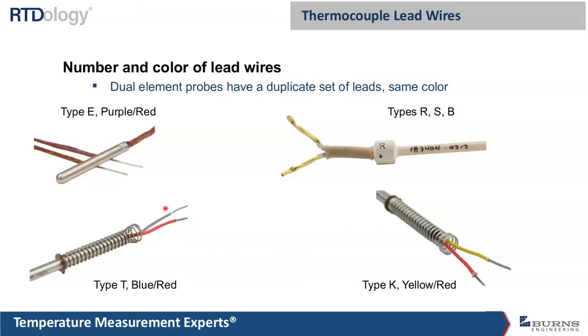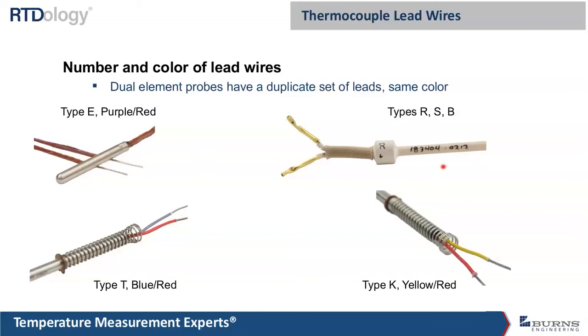So that's going to be a type T. The red lead is always the negative lead. Type K, yellow and red. And some of these are going to have a brown insulated cable on them, and one of the leads will have just a little stripe on it that is really hard to see sometimes, and you can just barely see it here. This is a purple stripe on it, which indicates that it's a type E thermocouple.